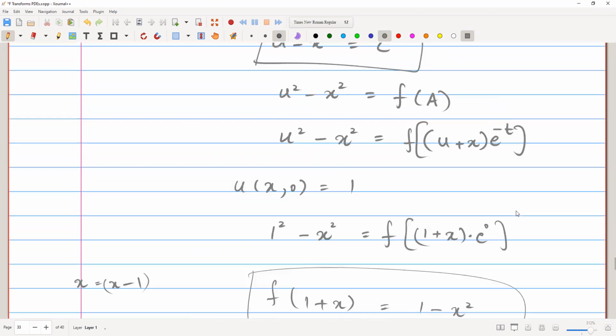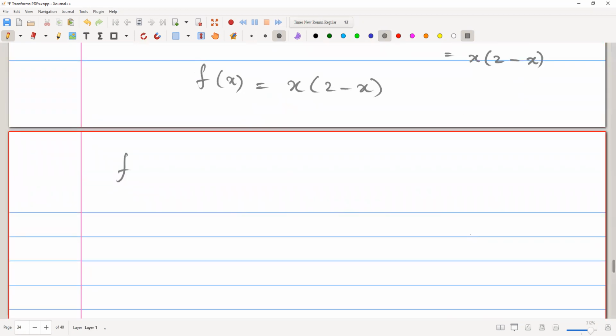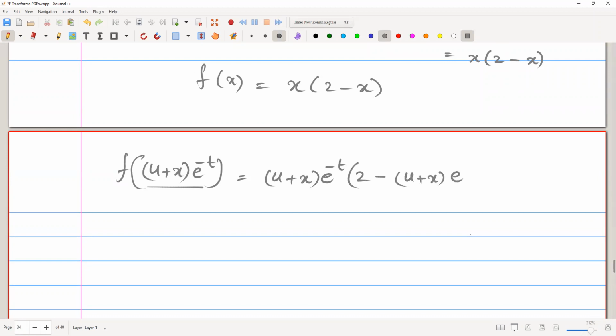Therefore, this function f of u plus x times e to the power negative t, we just need to plug this in for every x. So it will be u plus x times e to the power negative t times 2 minus u plus x e to the power negative t, and this will be 2 times u plus x e to the power negative t minus u plus x squared e to the power negative 2t.